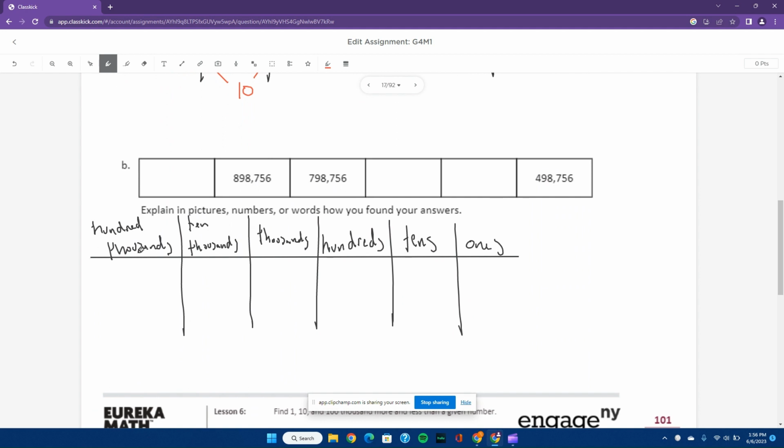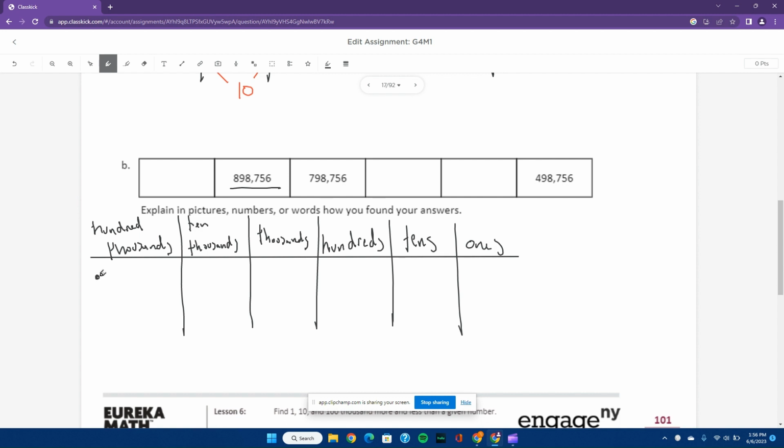Same sort of idea here for letter B, and I kind of got to work both ways here because I don't have my starting number. So let's start by putting this number, 898,756, into the place value chart.